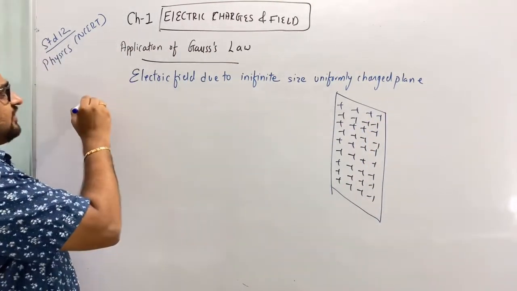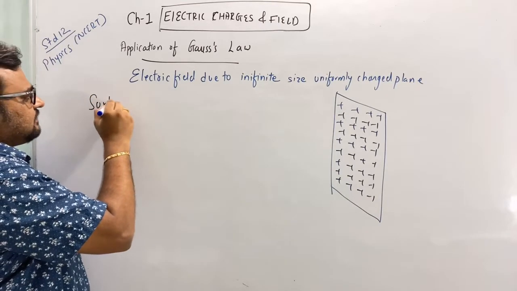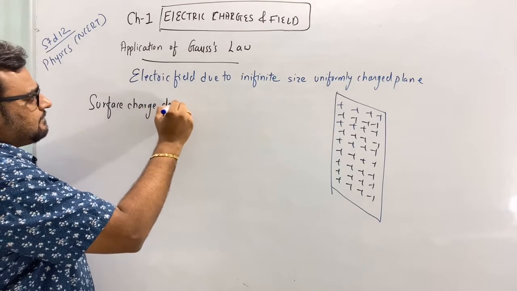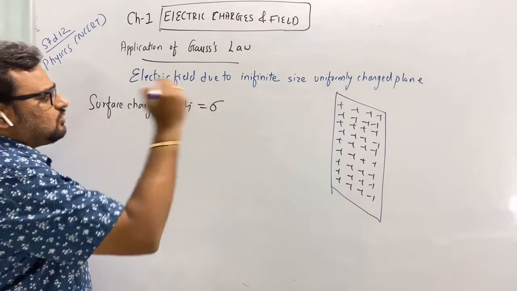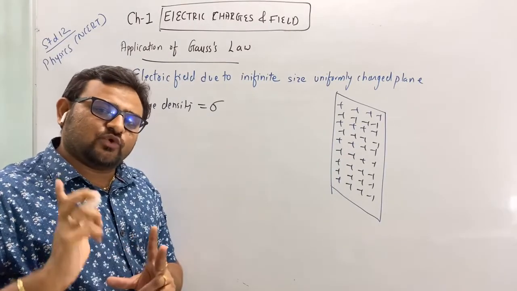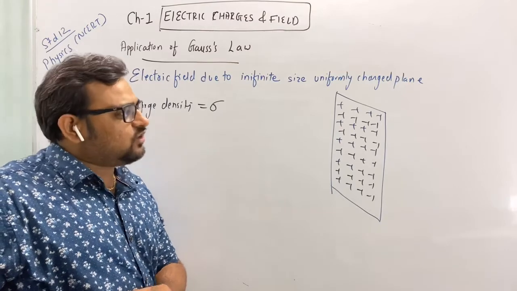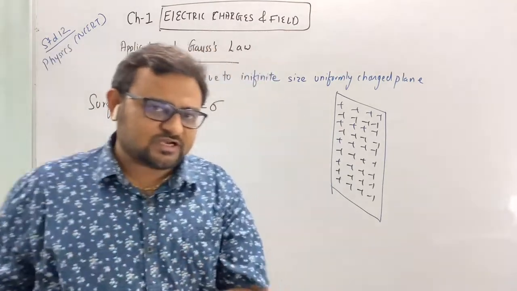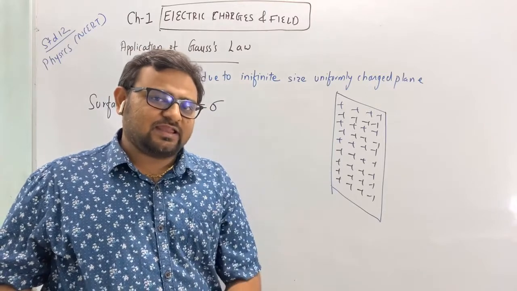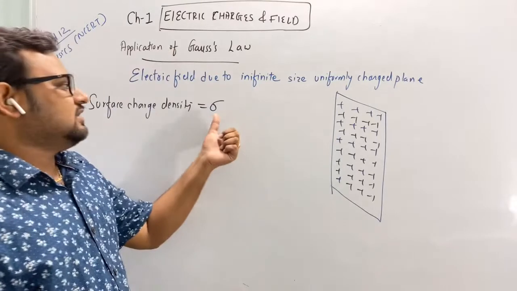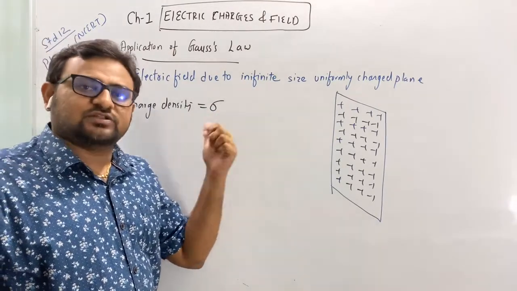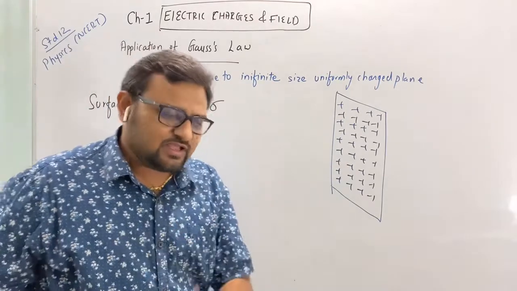Let the surface charge density equal sigma. That means if you take unit area, the amount of charge will be sigma. So sigma equals Q by A, the total charge per unit area.